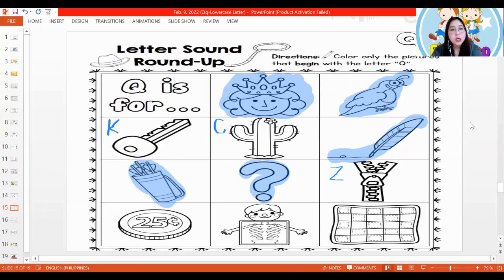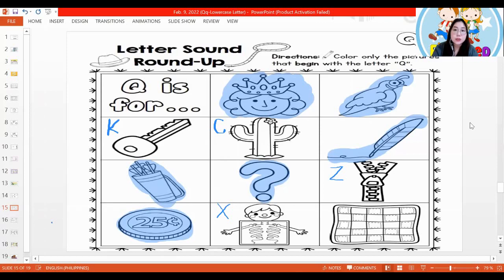Then we have quarter. Are we going to color quarter? Yes, we should. Then we have X-ray. Does X-ray start with the letter Q? No, it starts with the letter X. So let's write X on the side. And the last picture we have is a quilt.